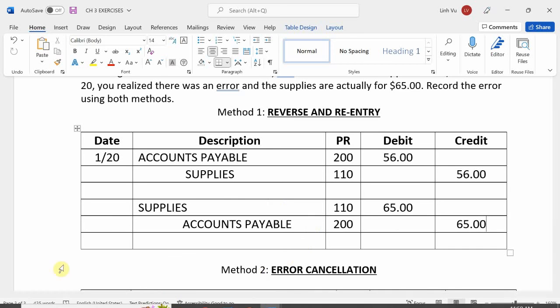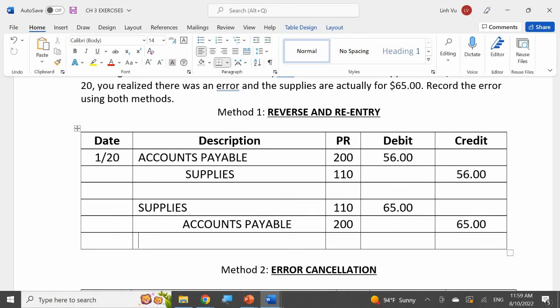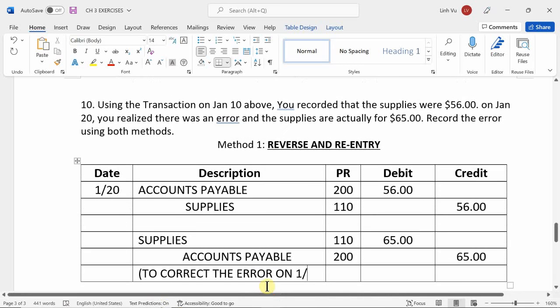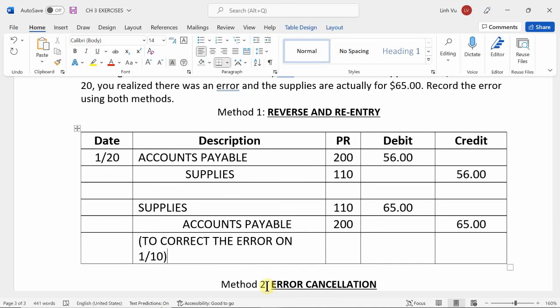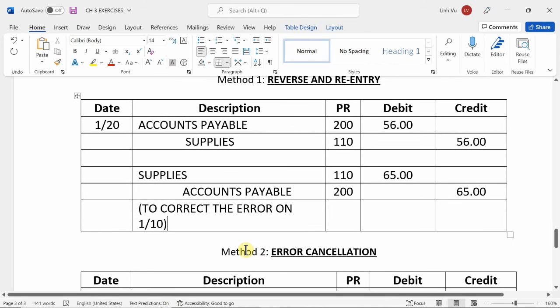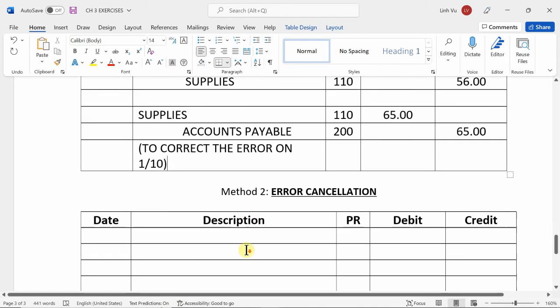And of course, for your description, you're just going to write to correct the error on January 5th. Was it 15? It was the 10th. Thank you. Okay. So that's reverse and re-entry.